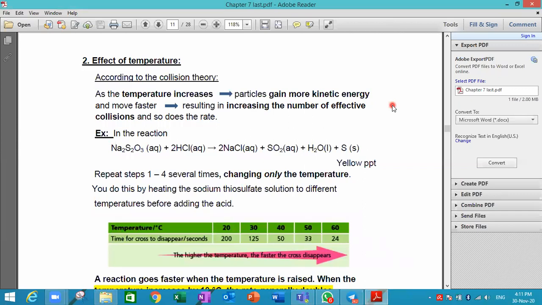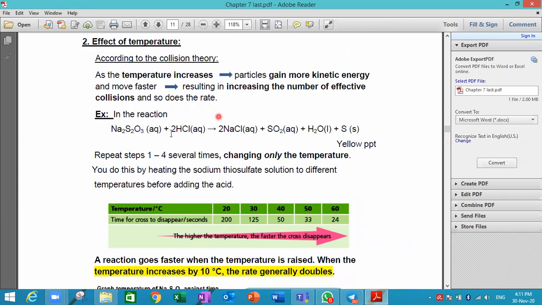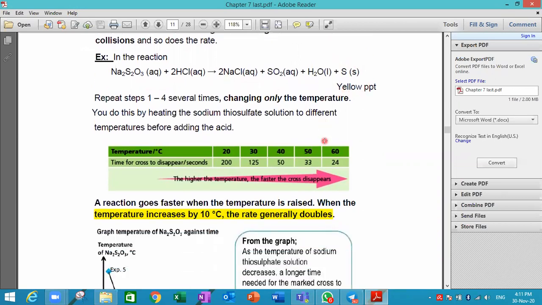So now if we take into account our second experiment, that was sodium thiosulfate reacting with hydrochloric acid to form sodium chloride, sulfur dioxide, water, and the yellow precipitate, at which we placed a cross below a conical flask, and we added the two solutions together, and we calculated the time until the cross has disappeared.